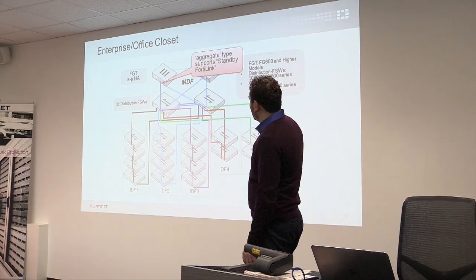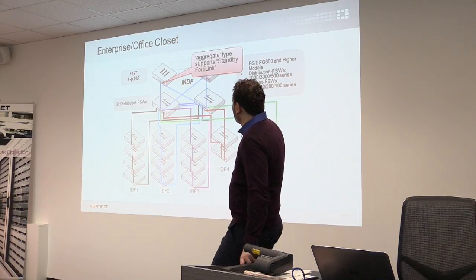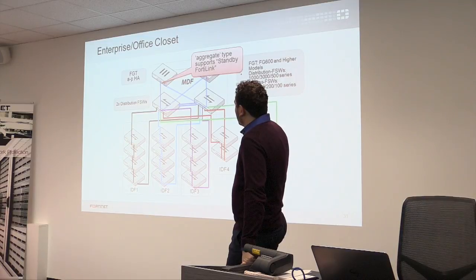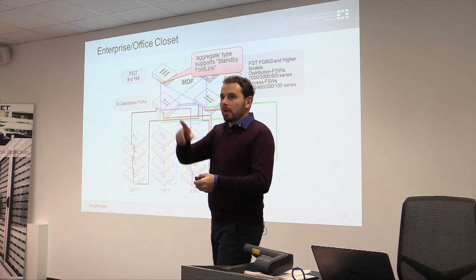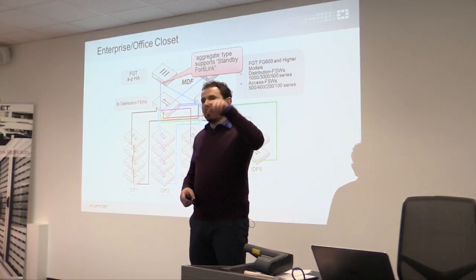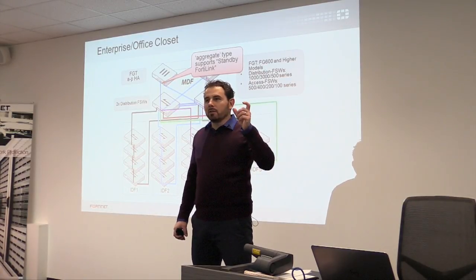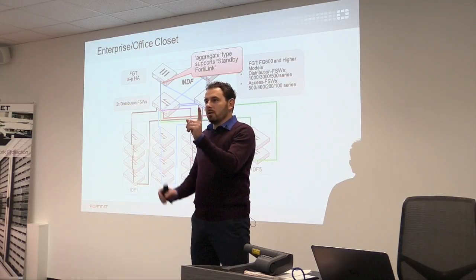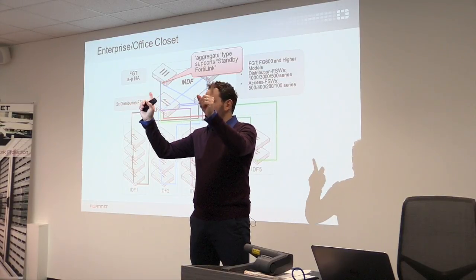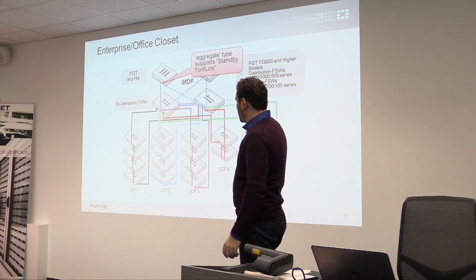And then you have access rings. So you see that each ring goes from one distribution, goes around to the other, right? So you can do that with only one switch. Then you have a dual homing scenario. So you have one switch connected with one link to each distribution. That's also possible.